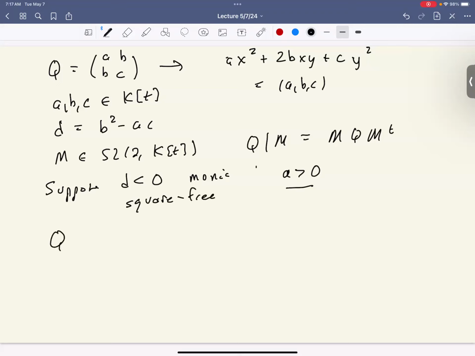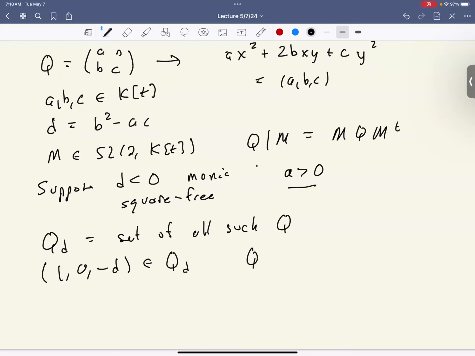Okay, and so I'll let QD be the set of all these forms. And it's not an empty set because you always have the principal form in here. No surprise. And as I said, it splits into classes.